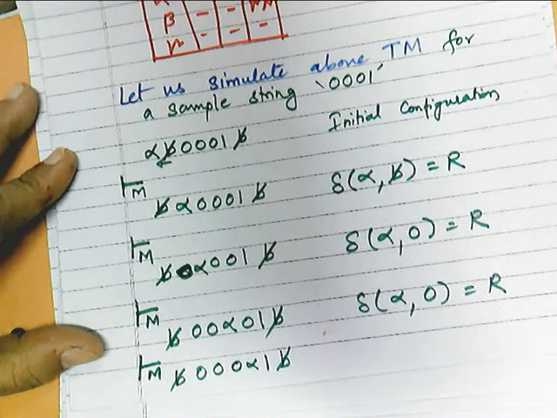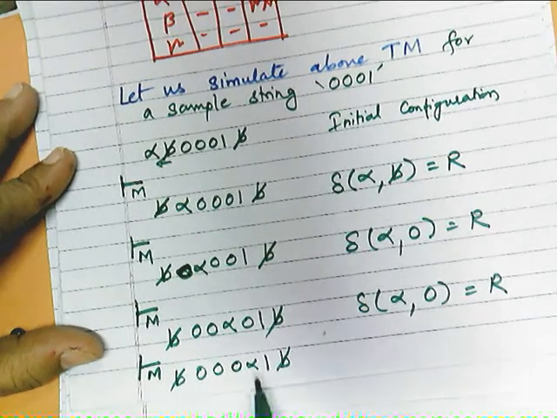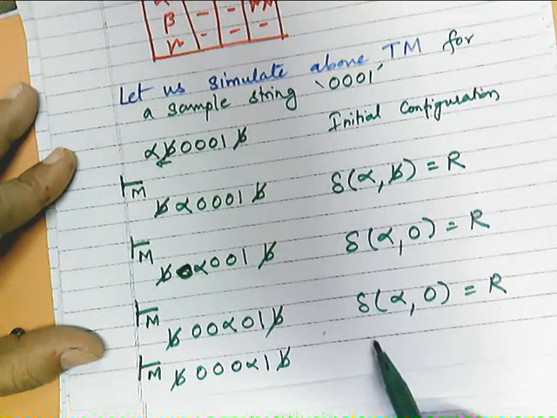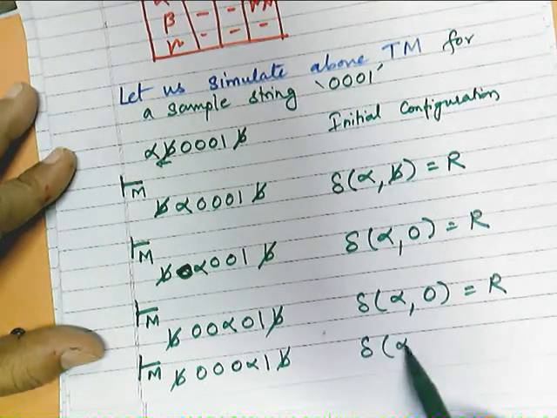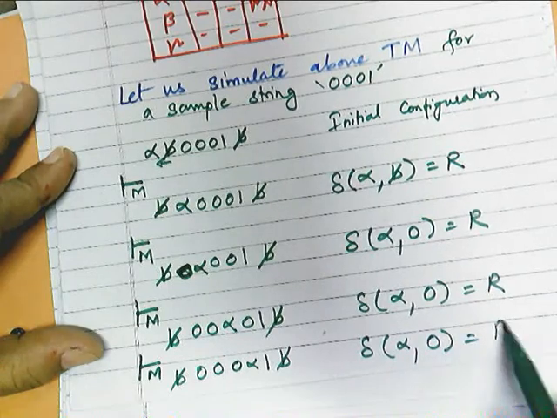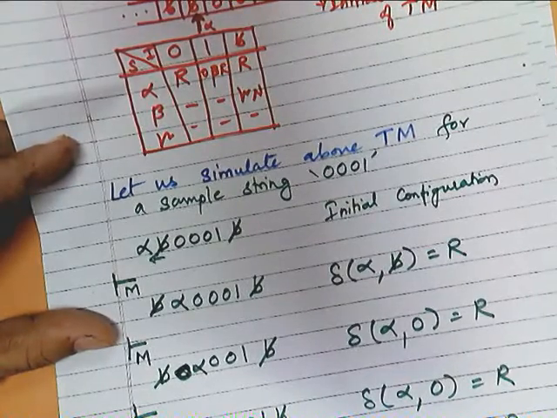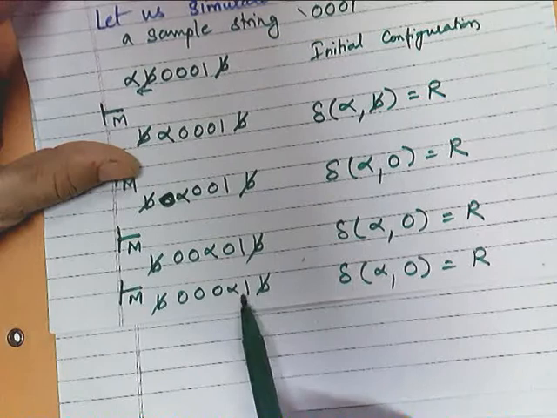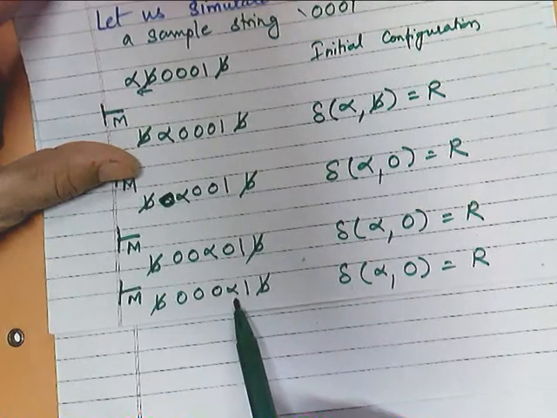So now what is happening? This alpha has moved here. Why did it move again? For the same reason, that alpha 0 moves towards the right. After this, now we are reading 1 with the current state alpha.